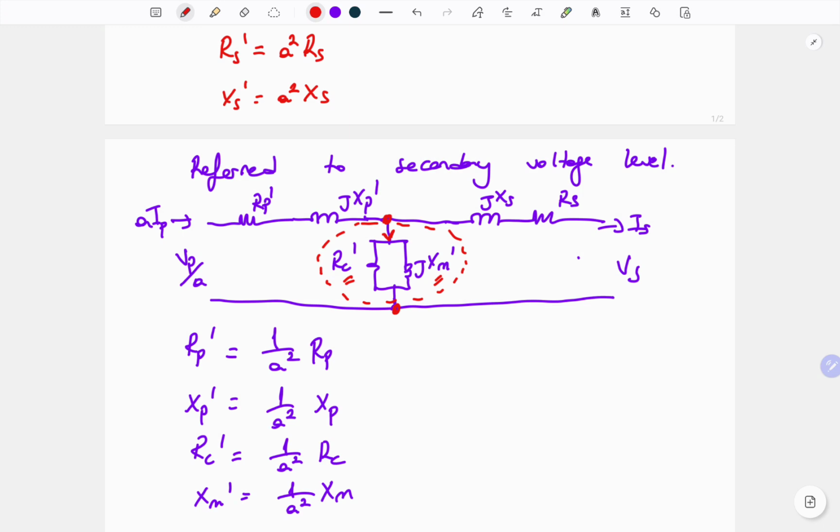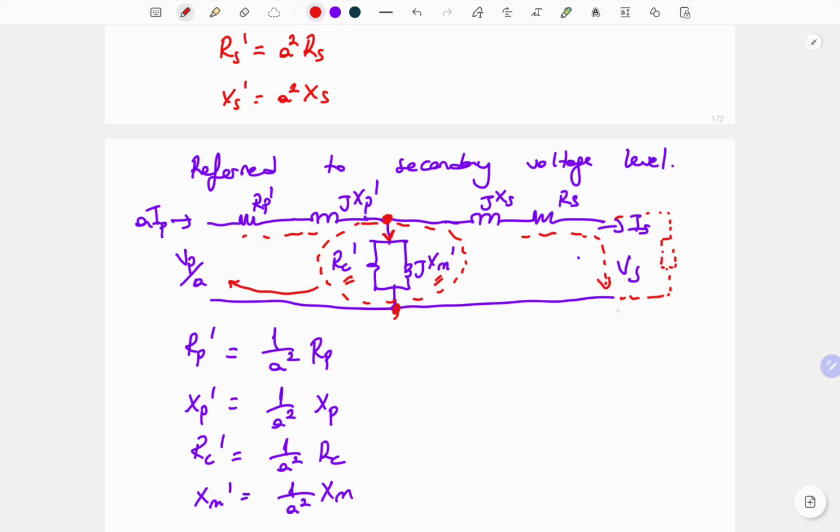Why? For example, if we have connected a load to the output part, what will happen when we want to calculate the total impedance value? First of all, we have a series connection, then a parallel connection, then one more series. Instead of this, if we slide that excitation branch to the beginning of the circuit, what will happen?